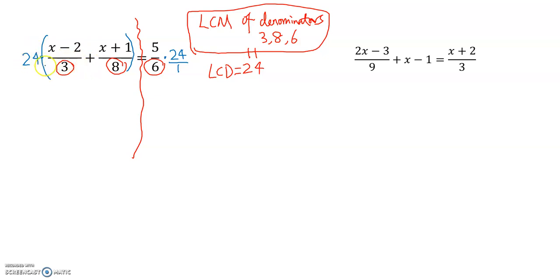The first step when we solve fractional equations is to find the LCD, which is the least common multiple. The second step is to multiply both sides by the LCD. So that's what I'm doing now. Multiply both sides by 24.